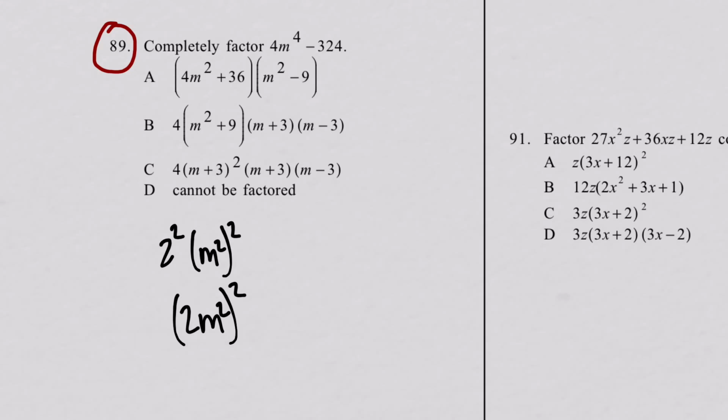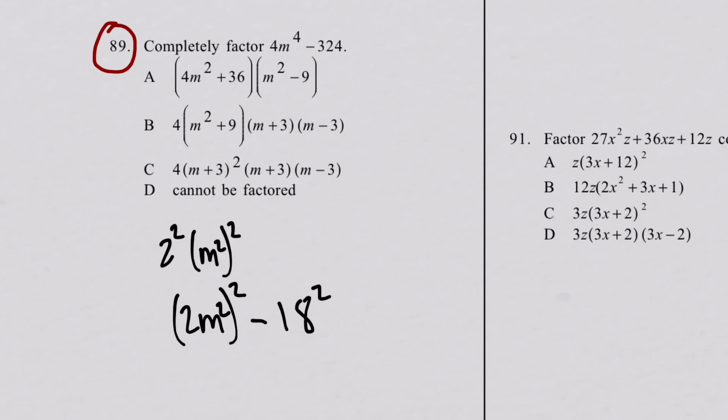It's a perfect square where your base is 2m squared. You also have to identify that 324 is a perfect square, which is 18 times 18, or 18 squared. If you see that, then you can factor it. If not, you're going to be stuck for a while, right? So 2m squared squared minus 18 squared.